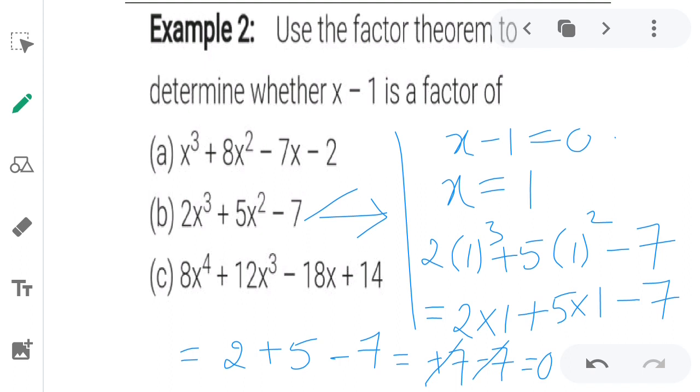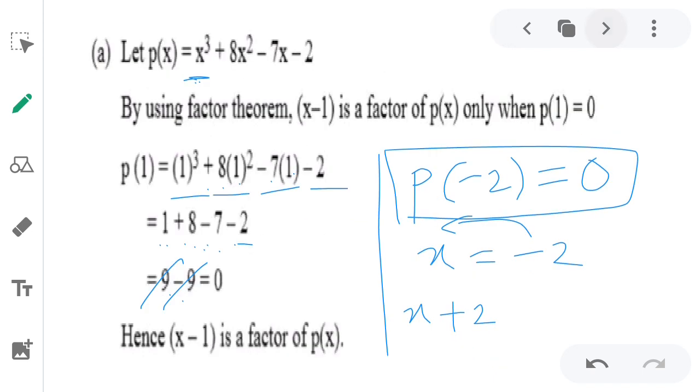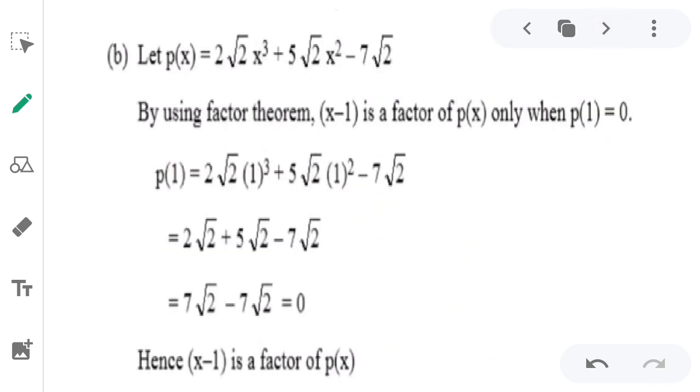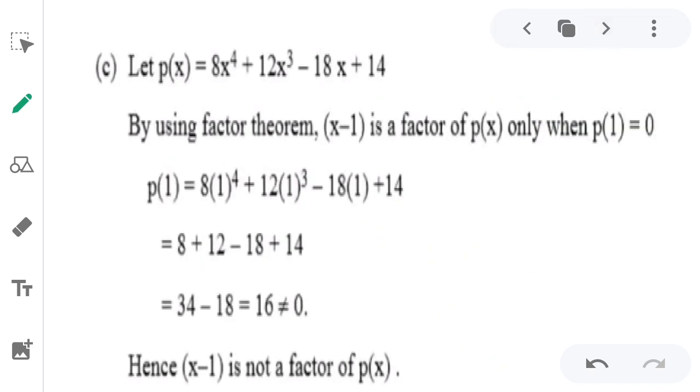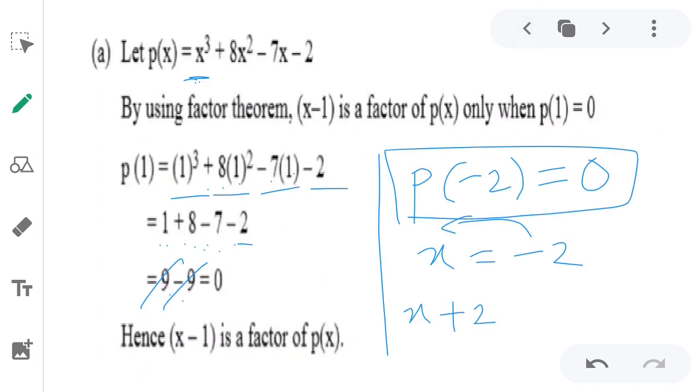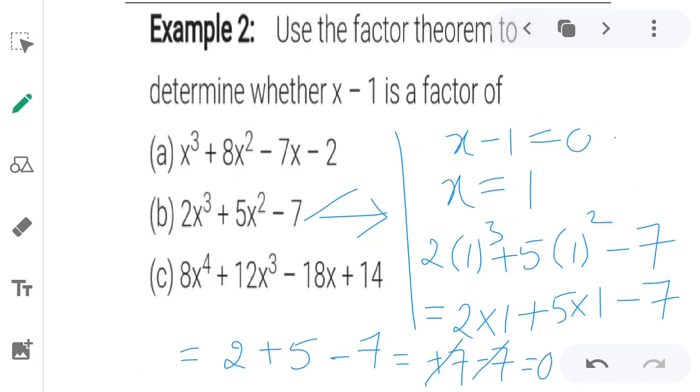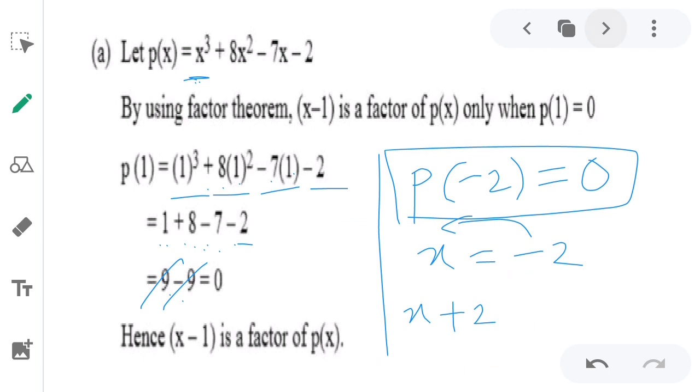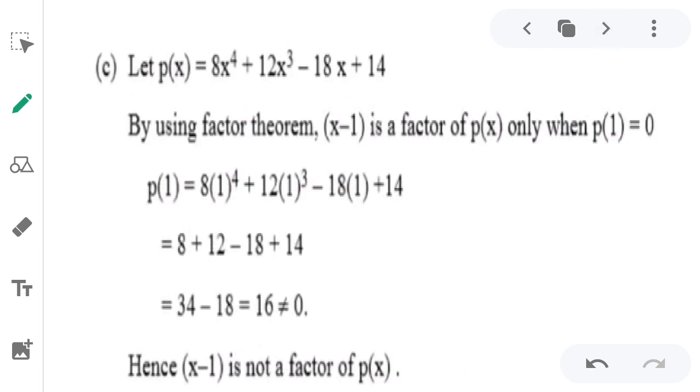Now let us see the next problem, that is 8x power 4 plus 12x cube minus 18x plus 14. For this one, let us check. By using factor theorem, x minus 1 is a factor of p of x only if p of 1 equal to 0.